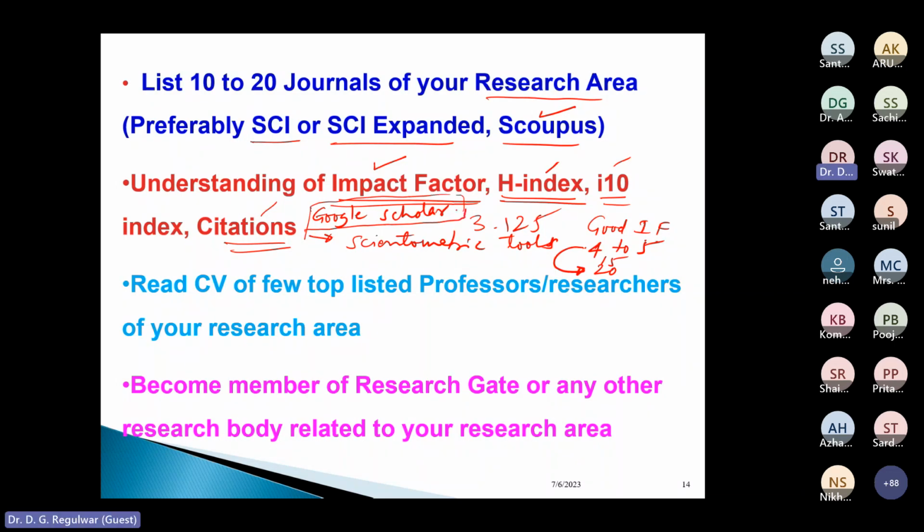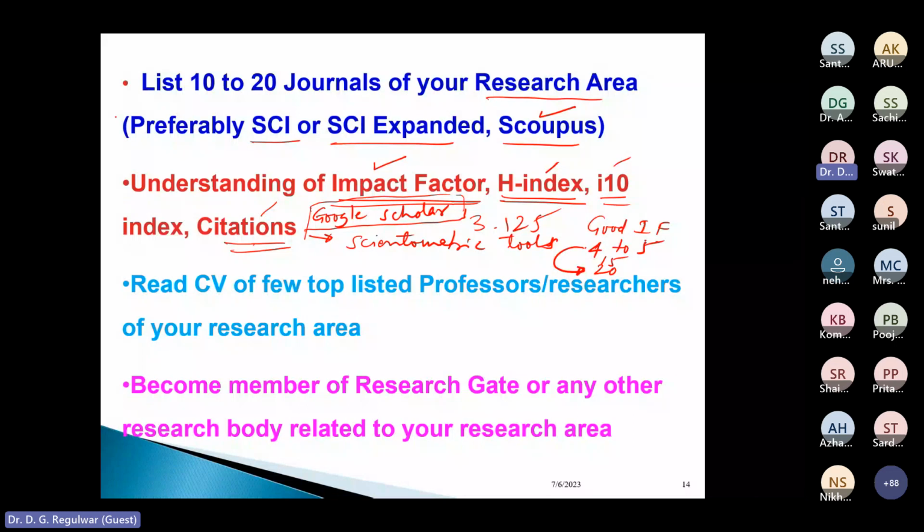That is why if your Google Scholar citation is, suppose, 1000, it may not be the same in Scopus. The Scopus citation may be 500. So the user will decide whether to see the Scopus citation or Google Scholar citation for understanding your research on the international platform.